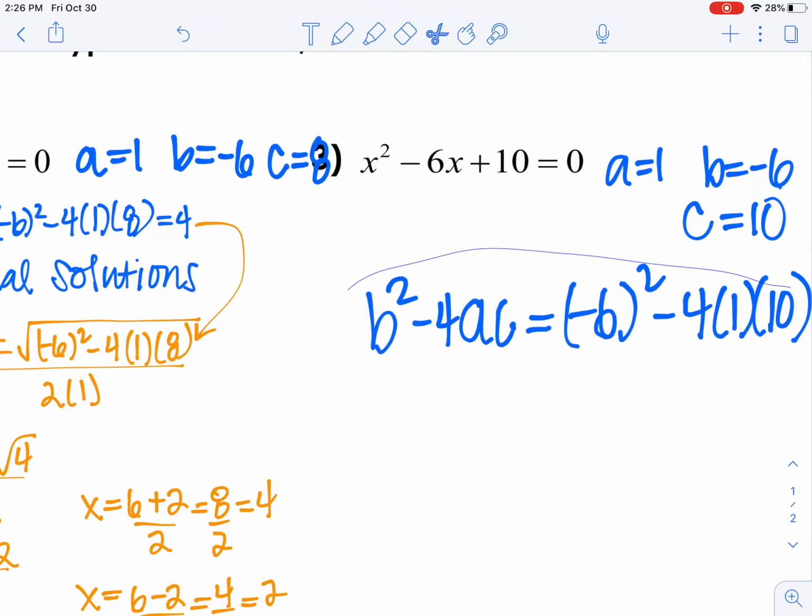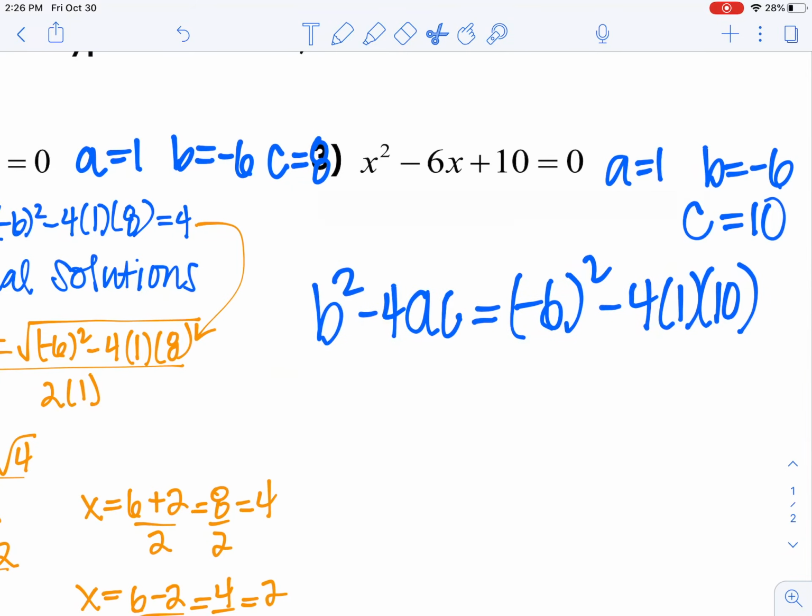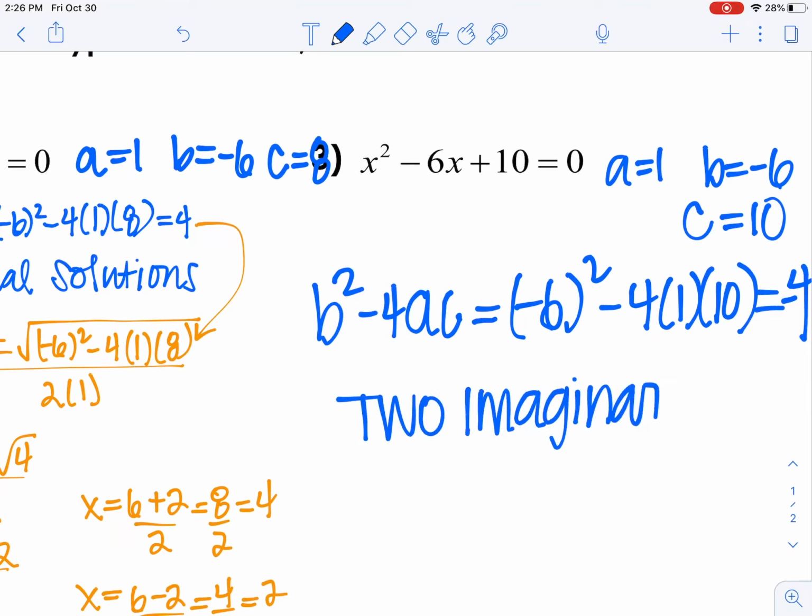Well, that would be 36 minus 40, right? 4 times 10 is 40, so this would be negative 4. And if the discriminant is negative, that means we have 2 imaginary solutions.